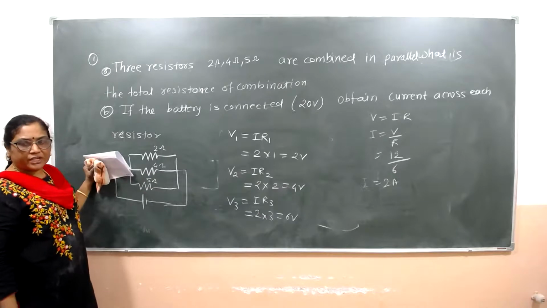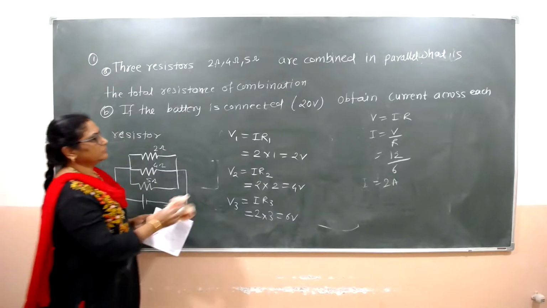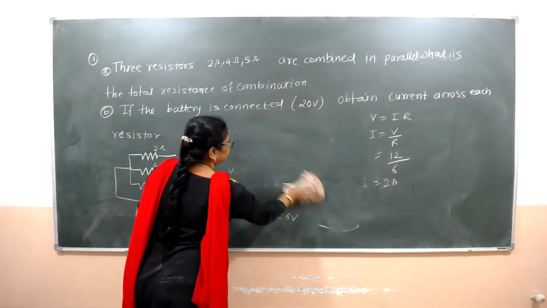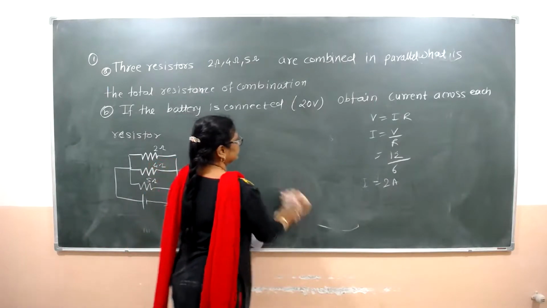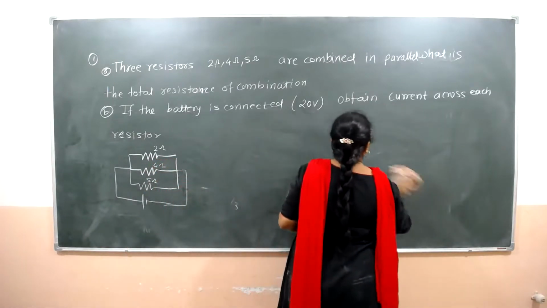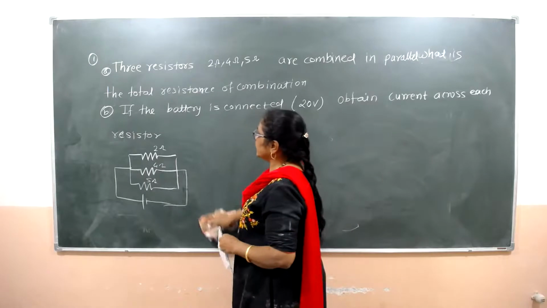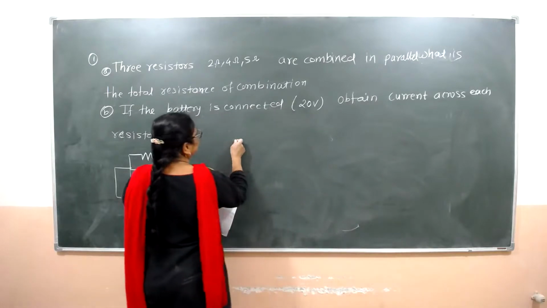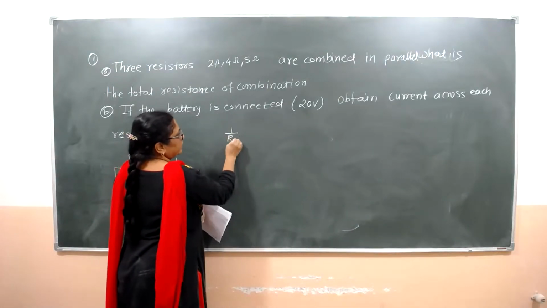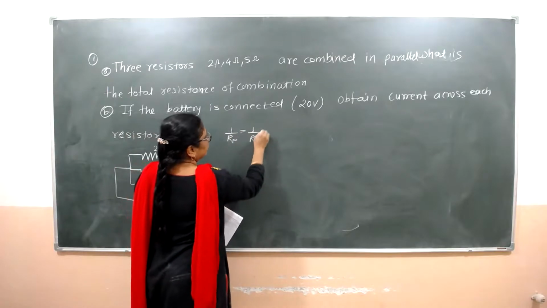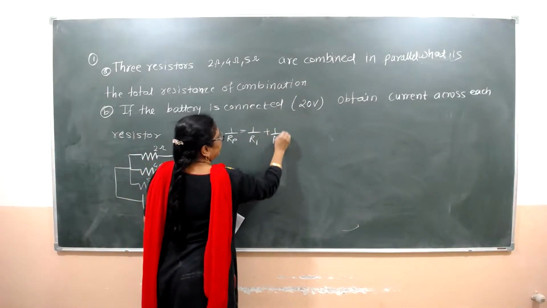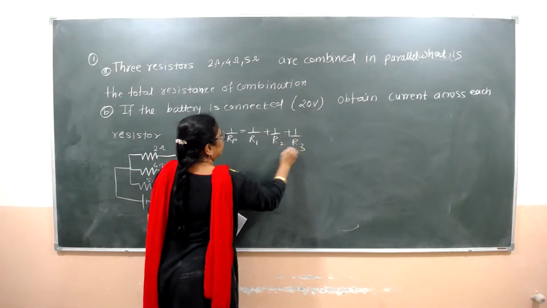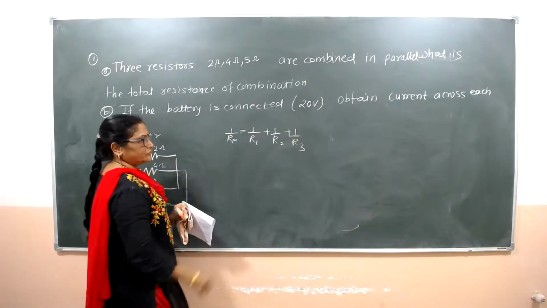So first find out the equivalent resistor. We know that in the parallel combination, the related formula is 1 divided by Rp is equal to 1 by R1 plus 1 divided by R2 plus 1 divided by R3.